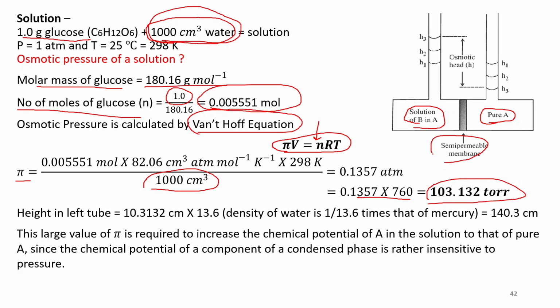Then the osmotic pressure will apply, and there is a movement of the solvent towards the solution, and then there will be the generation of the osmotic head. So we get the osmotic pressure as 103.132 torr here.